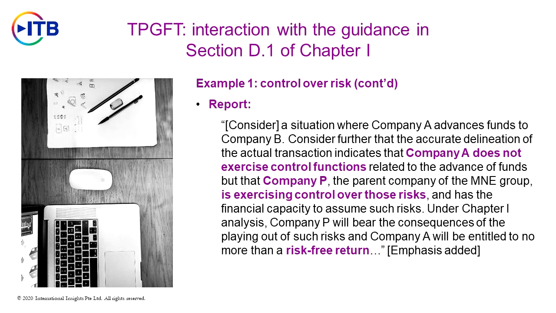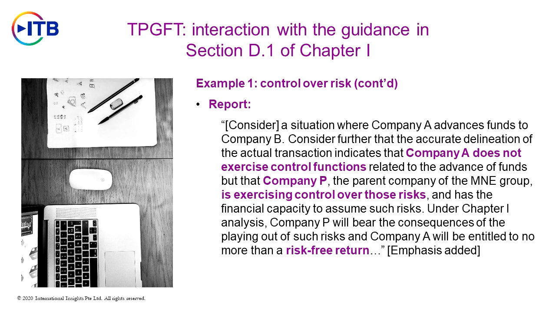The report says this: consider a situation where Company A advances funds to Company B. Consider further that the accurate delineation of the actual transaction indicates that Company A does not exercise control functions related to the advance of funds, but that Company P, the parent company of the MNE Group, is exercising control over those risks and has the financial capacity to assume such risks.